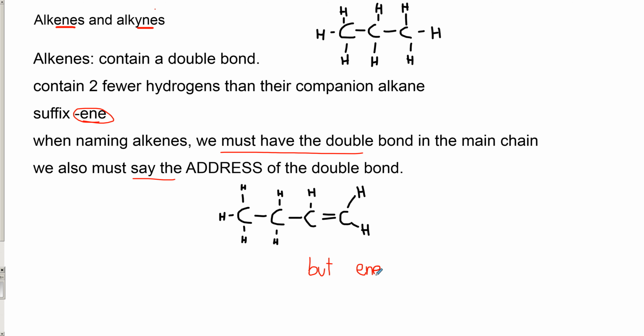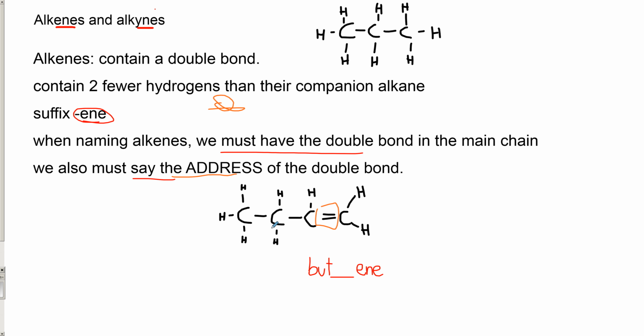If you're wondering why I put a space here, it will become apparent right now. Let's switch to a different color, let's do orange. So yes, my double bond is here, but I have to say the address of the double bond.